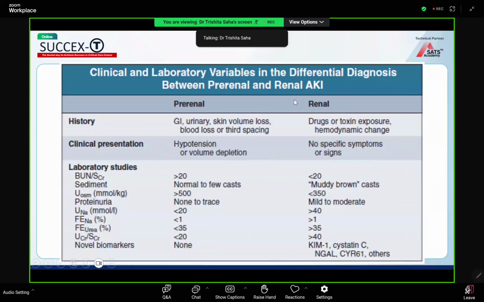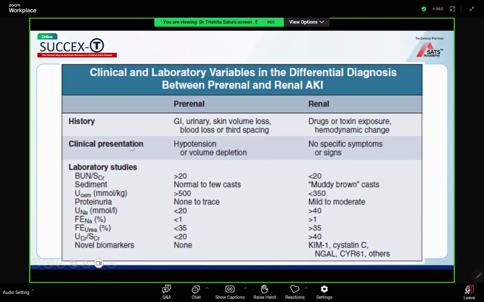Then before ending this question, you have to write the differences between how to distinguish between pre-renal and renal AKI. For pre-renal AKI, in the history part, you have to account for any urinary, skin, volume, blood loss, or any third spacing present. And for renal, any drug or toxin exposure or any hemodynamic changes.